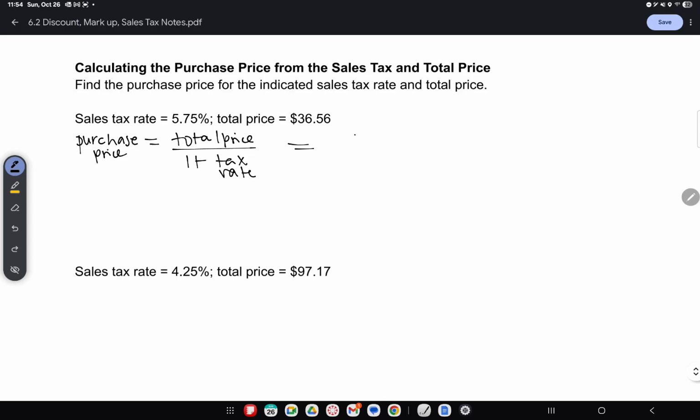In this case, our total price is $36.56, and the tax rate is 5.75%. As a usable decimal, that's 0.0575. So that's $36.56 divided by 1.0575, which gives $34.57.